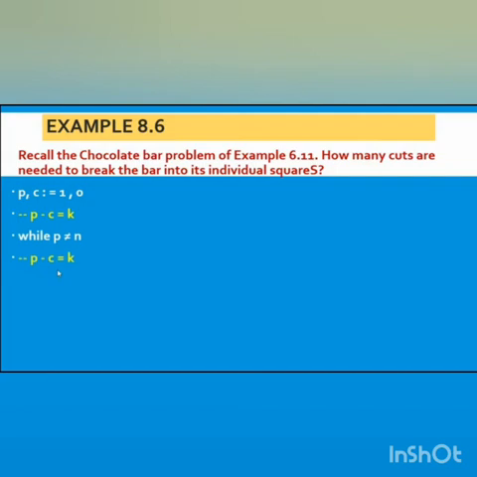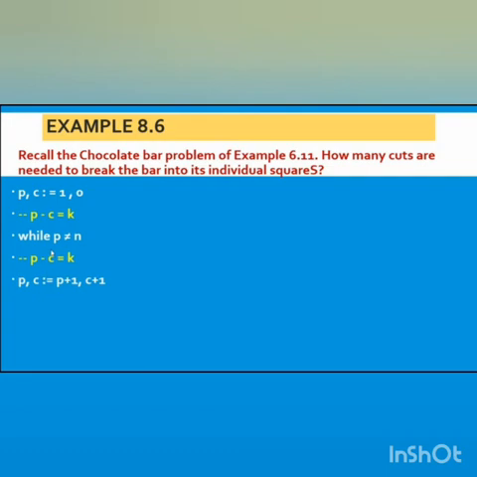Now I am going to start the process. That is, I am going to cut a chocolate bar into 2 pieces. So, p, c = p + 1, c + 1. The number of pieces increases by 1 and also the number of cuts increases by 1. The p value is already 1, so 1 plus 1 is equal to 2.